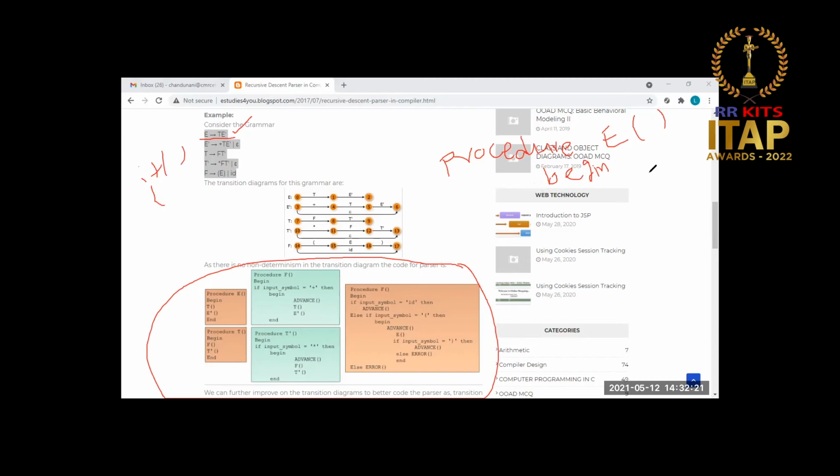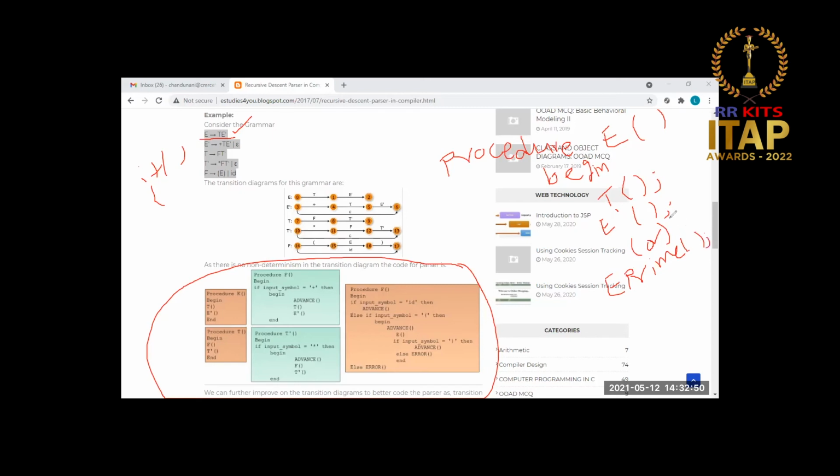So begin. On the right hand side we are having two non-terminals, that is T and E dash. Just simply write the T function and then mention E dash. Or I can rename it: E prime is the complement.